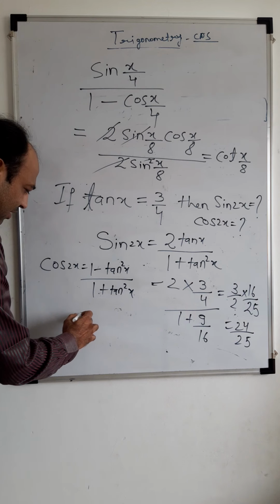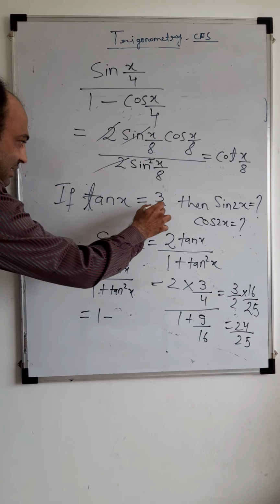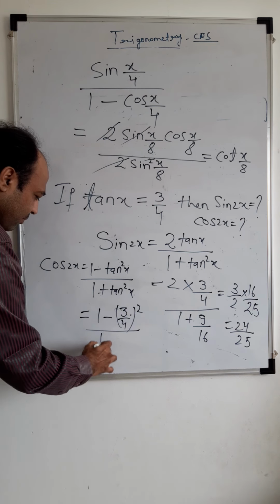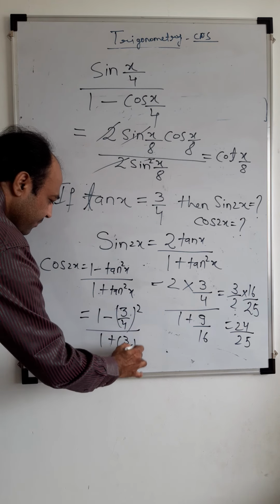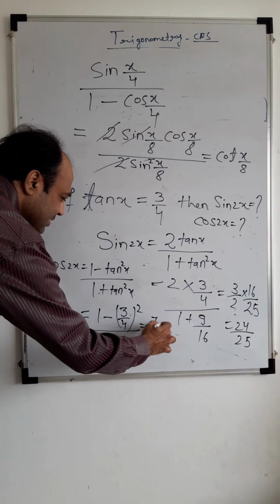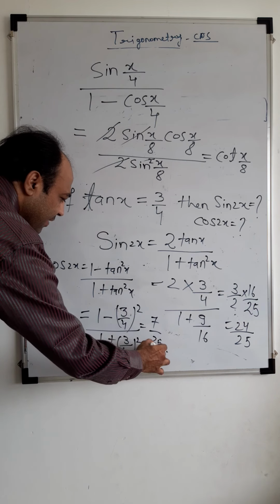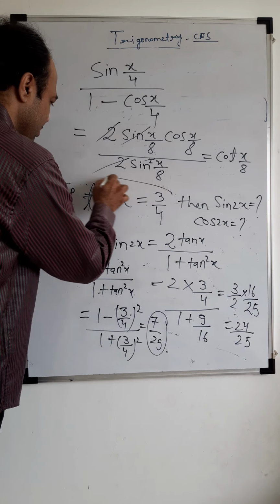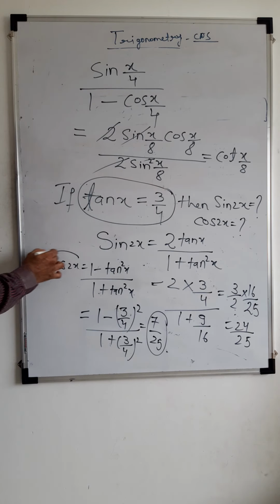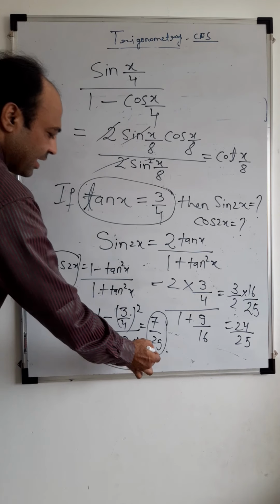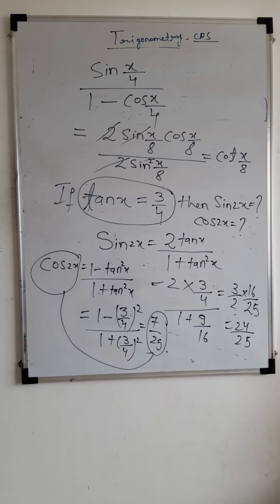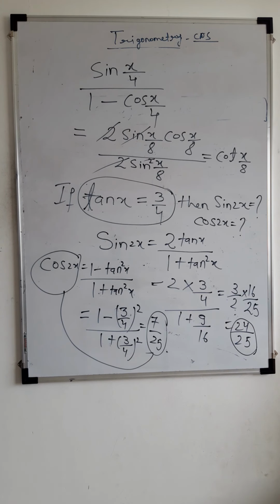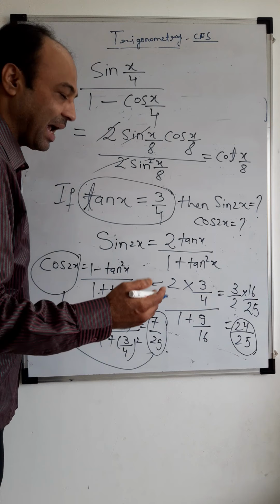Fine. So now we'll substitute, tan x is 3/4, 1 minus 3/4 square upon 1 plus 3/4 square. Now we'll simplify. This is 7/25. So when we have tan x equals 3/4, we can get cos 2x, which is 7/25, sin 2x 24/25. You can get tan 2x also.